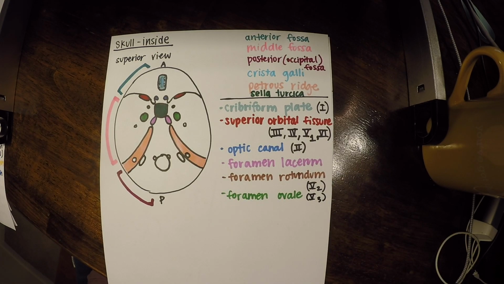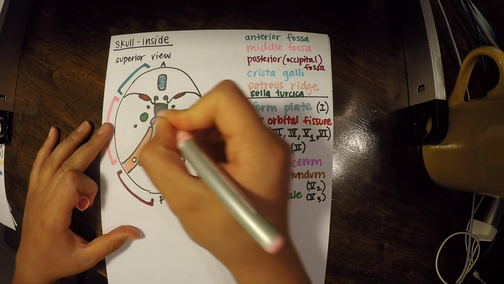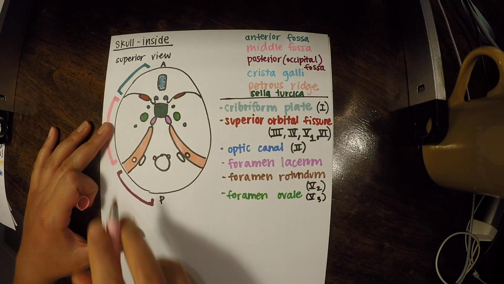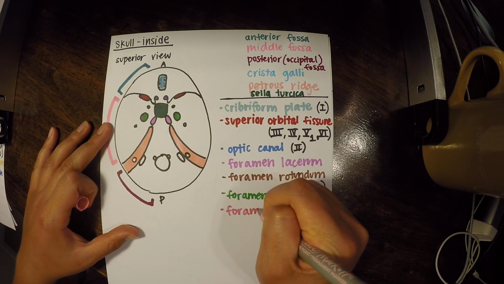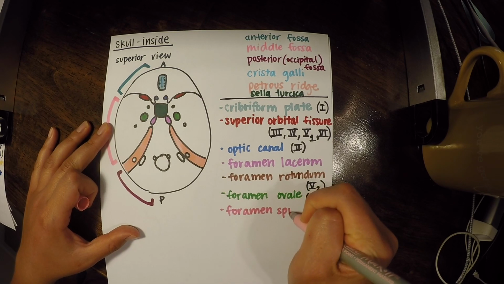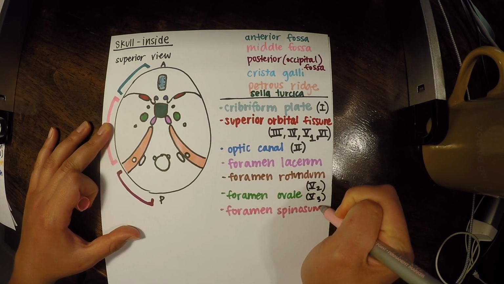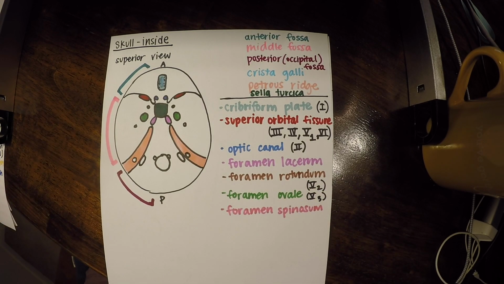And then the last one in that middle fossa is our foramen spinosum, which are the little pink dots that I just colored in. Foramen spinosum. And actually, we don't have a cranial nerve that passes through there. We actually have the middle meningeal artery.